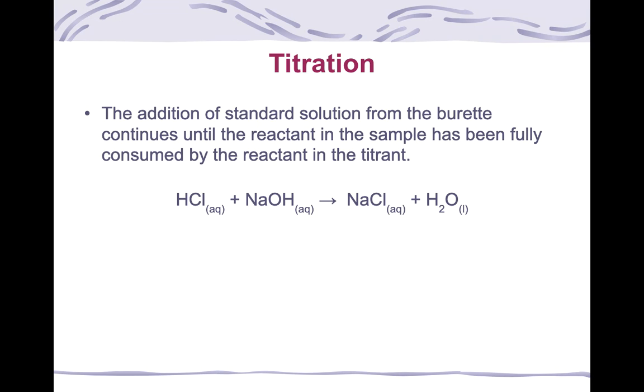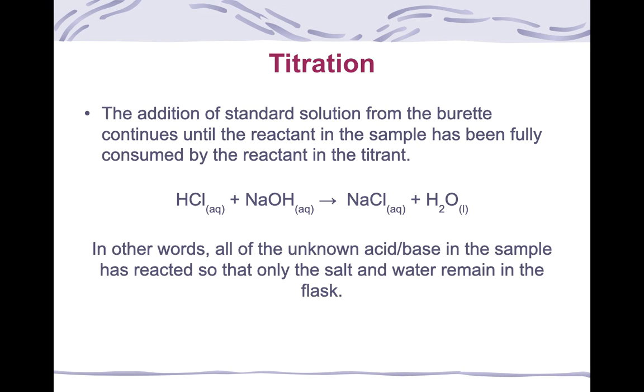Then we add hydrochloric acid to sodium hydroxide slowly, and they're going to react until all of the sodium hydroxide in the flask has reacted. What that means is that all of that unknown, in this case base, has reacted and only salt and water remain in the flask.